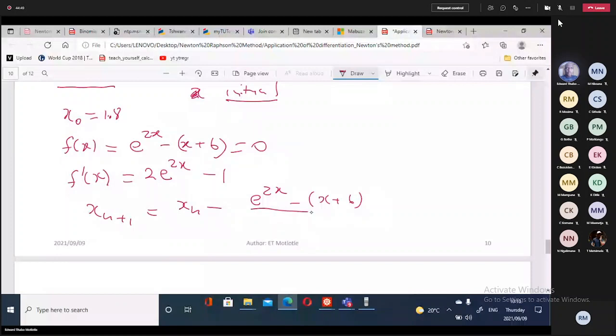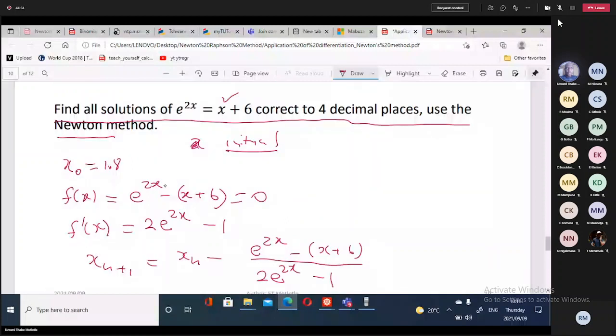Now we solve, and in this case it's trial and error. We have chosen 1.8. You might find that when you solve using 1.8, the solution takes time to converge to a certain solution. It means that you have taken a value too far away from the solution.